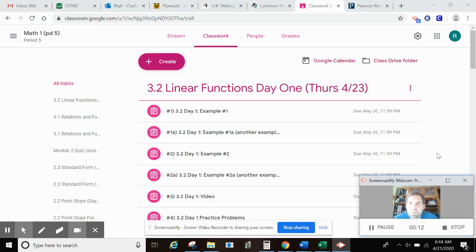Today we start our topic 3 work, which will take us through the end of the week. The goal of this topic is to fill in some of the gaps that this new Pearson book covers that we hadn't covered in Math 1. Some of the terminology, some of the phrasing, some of the ideas.